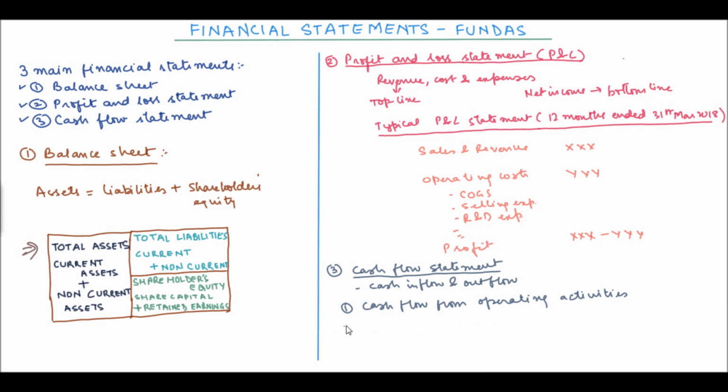The second one is cash flow from investing activities. Now this includes any cash flows from the acquisition or disposal of long-term assets such as property, equipment, plant, etc. While positive cash flow within this section can be considered good, investors prefer companies that generate cash flow from business operations and not from investing and financial activities.